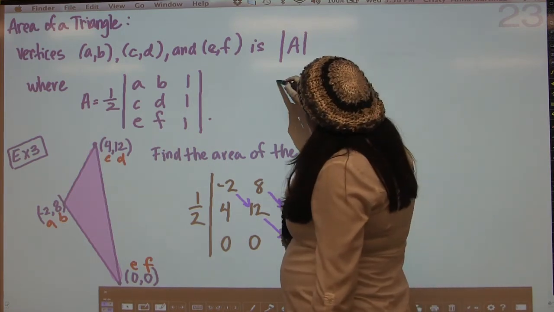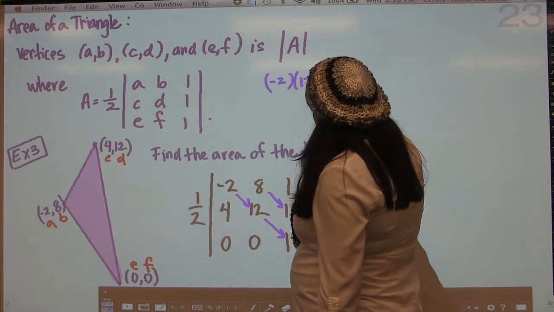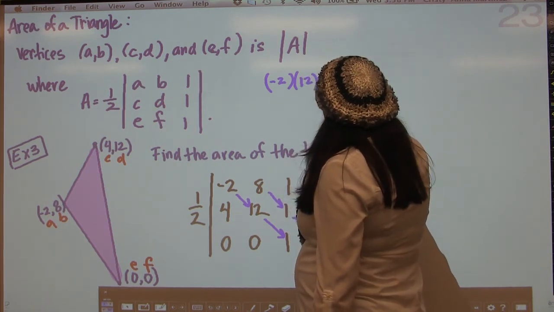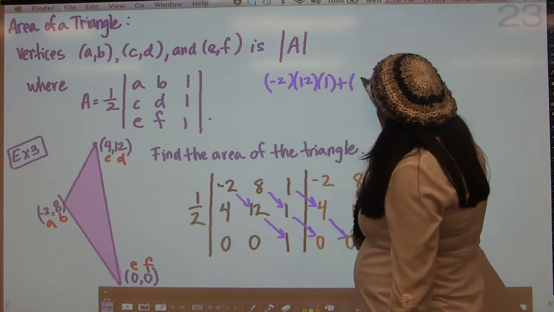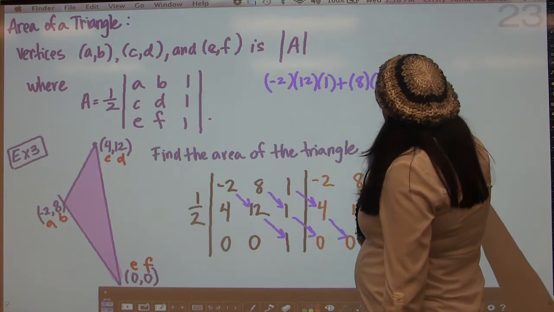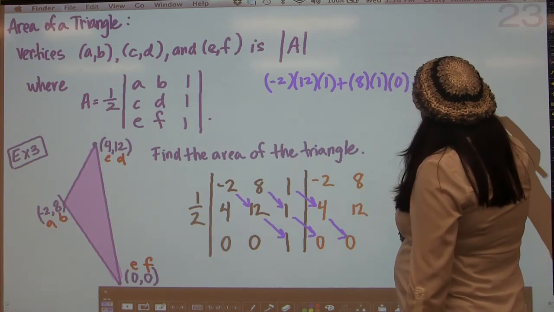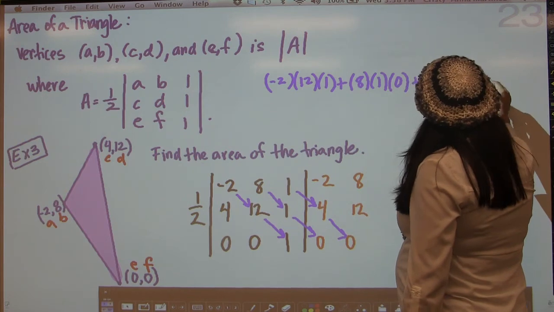So I've got negative 2 times 12 times 1. And then I've got 8 times 1 times 0. And then I've got 1 times 4 times 0.